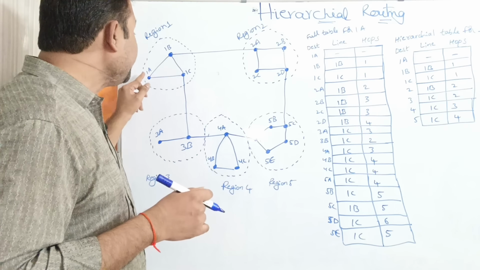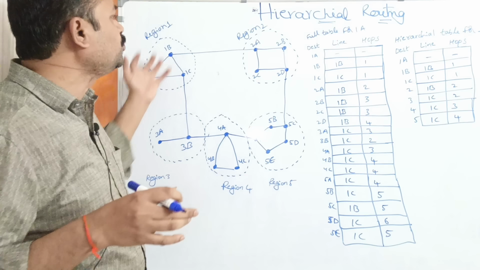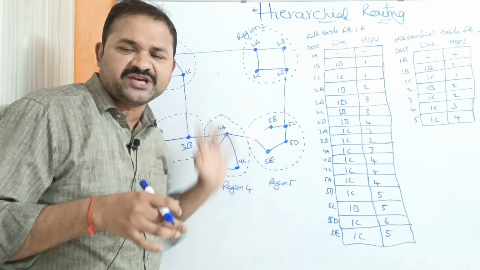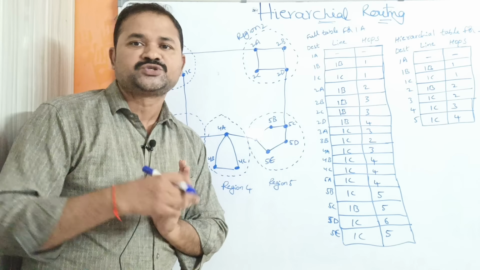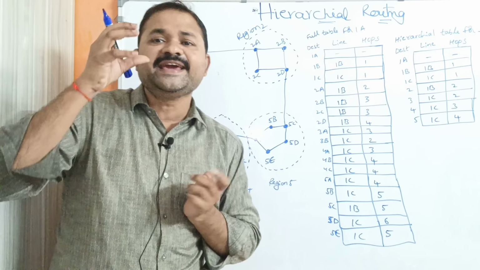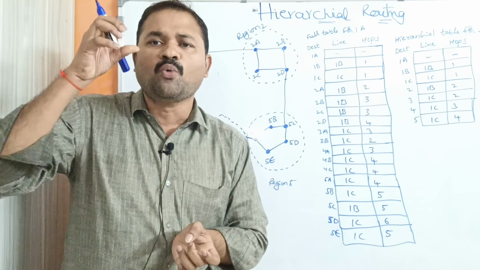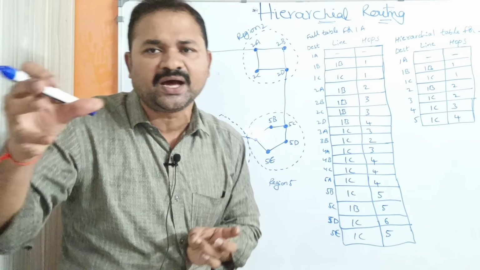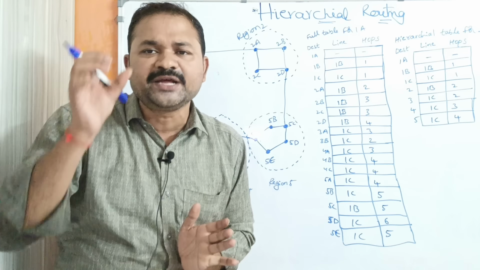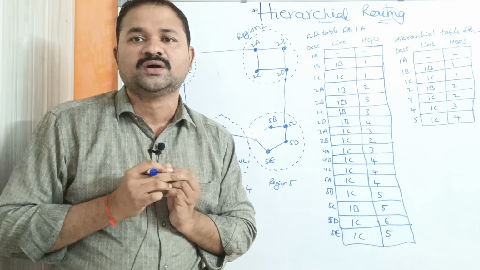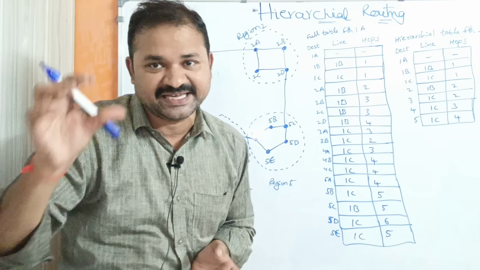But 1A is not aware of how to route packets to the other regions, such as region 2, region 3, region 4, region 5. So the point is, each router knows how to route packets to the routers of the same region, but a router is not aware of how to route packets to routers of other regions.